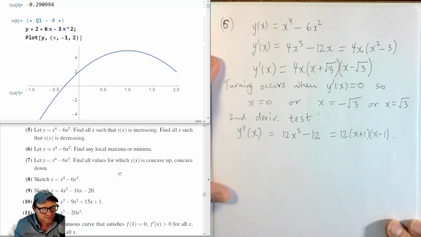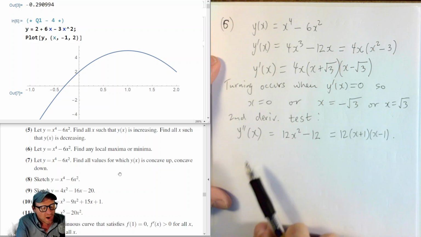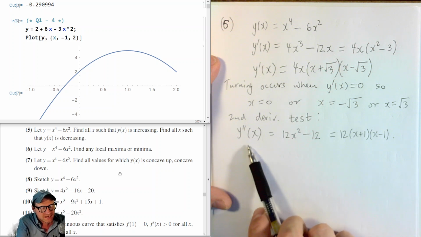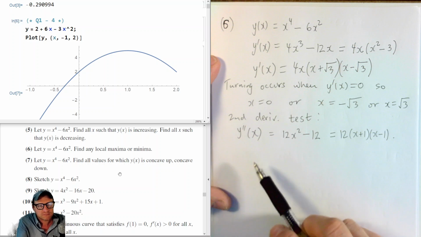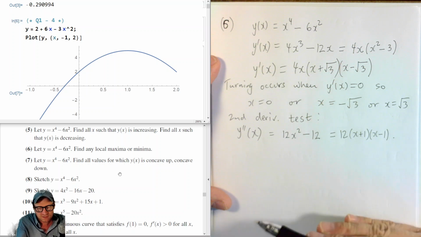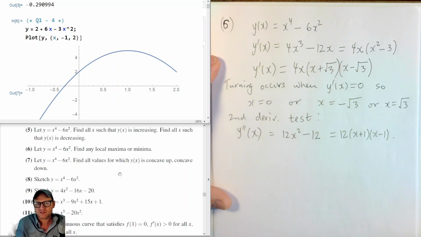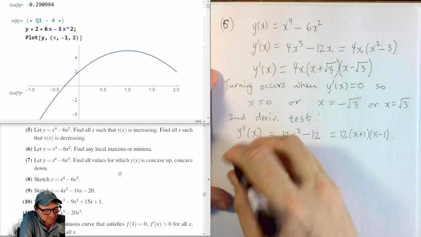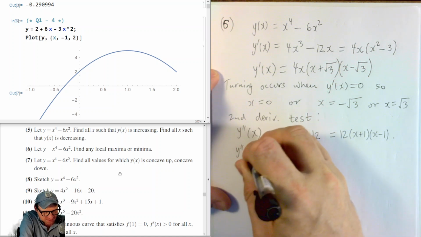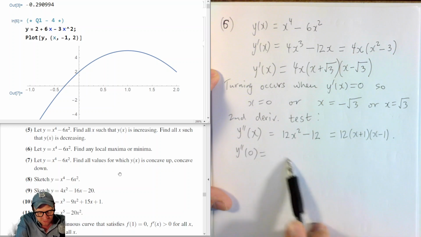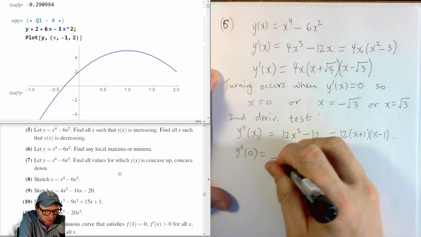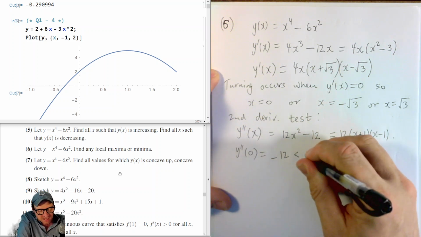Now, the second derivative test says when the second derivative at a given point is a particular sign, then we can judge whether it's a max or a min. All right, so let's sub these in. So y double dash of 0 is equal to, just looking at this, minus 12, and that's negative.